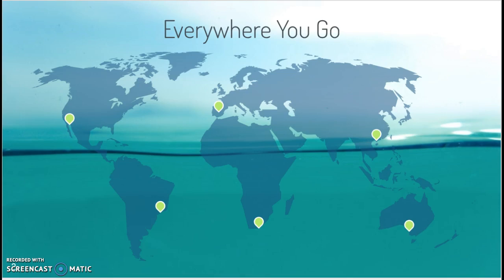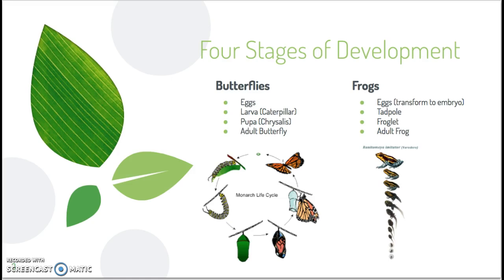The first is that both have literally thousands of species, and both can be found on every continent in the world with the exception of Antarctica. I suppose the biggest thing they share in common is that they each have four main stages of development, and each begins their first stage as an egg.